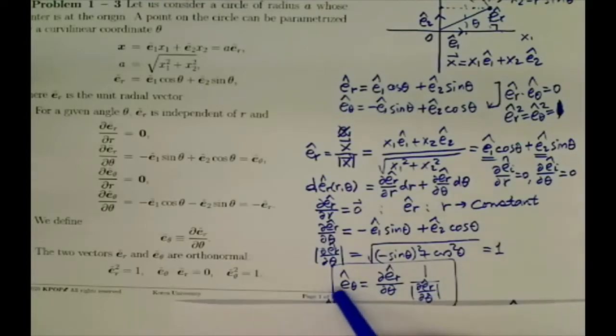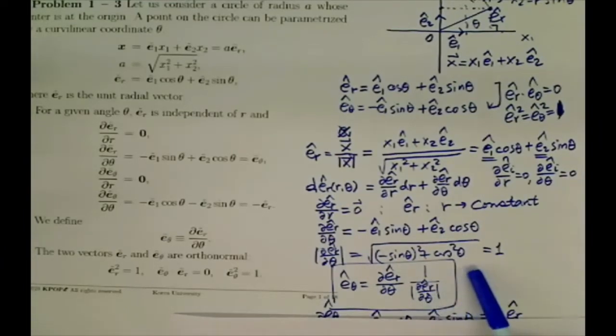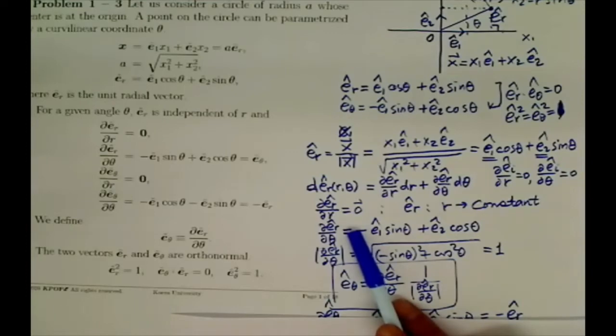The unit vector along this direction is this vector divided by its own magnitude. However, we have magnitude 1, therefore the partial derivative of er with respect to theta is actually the same as e theta hat, the unit vector along the direction of theta.